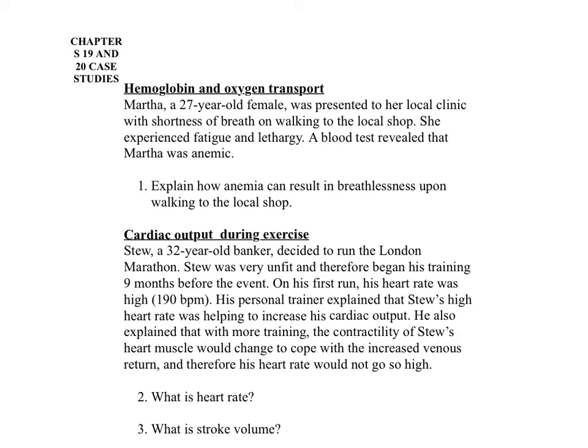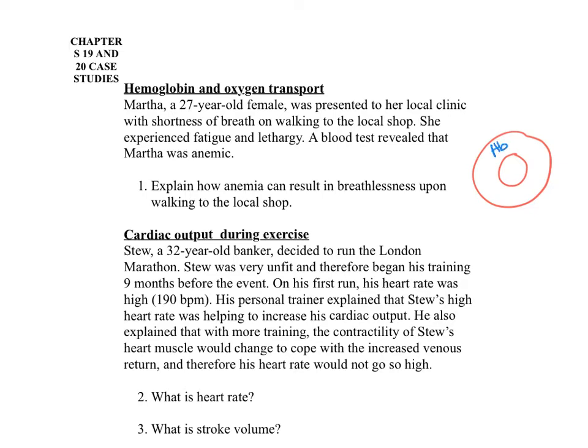So first we have to know what anemia is. Anemia can be one of two things. First of all, anemia is basically just a decreased oxygen carrying capacity of the blood. What that means is, if you remember our red blood cells, inside the red blood cells are these proteins called hemoglobin.